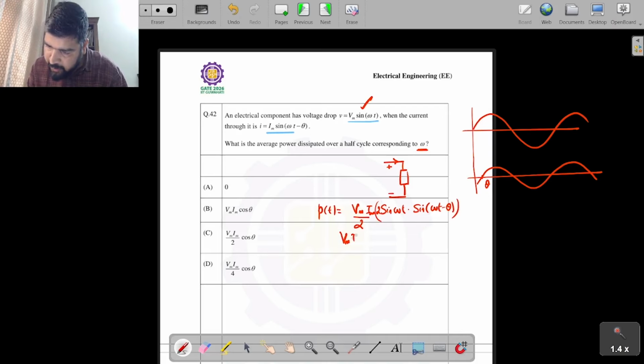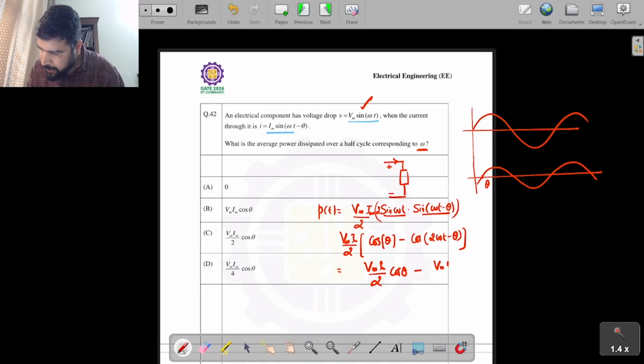So it will be Vm Im by 2 into sine A into sine B. So it will become cos of A minus B minus cos of A plus B, okay. So this is the expression. If I simplify it, it will become Vm Im by 2 cos theta minus Vm Im by 2 cos of 2 omega t minus theta, okay. So this is the expression for PT.